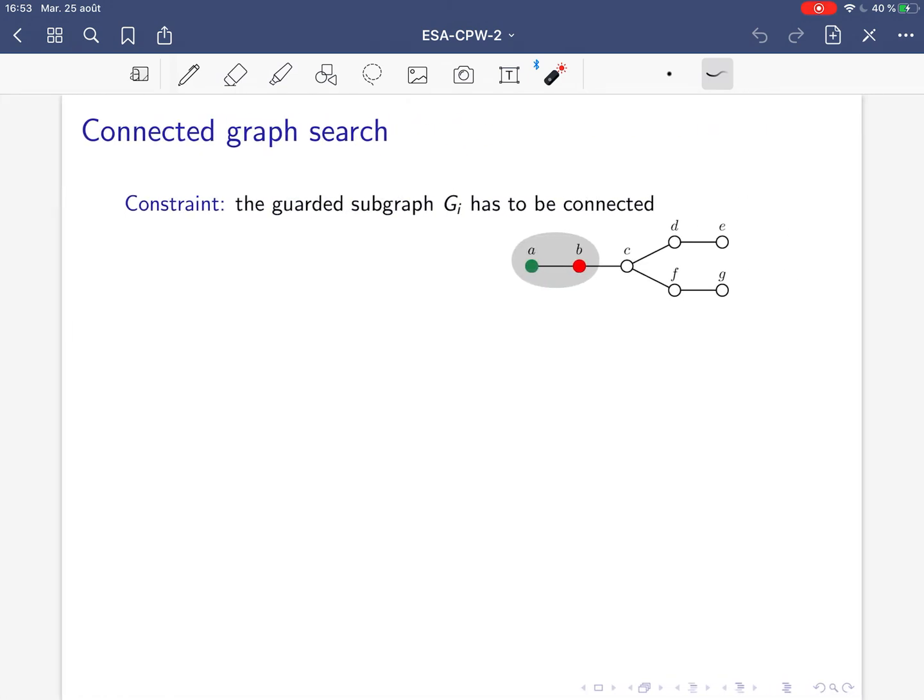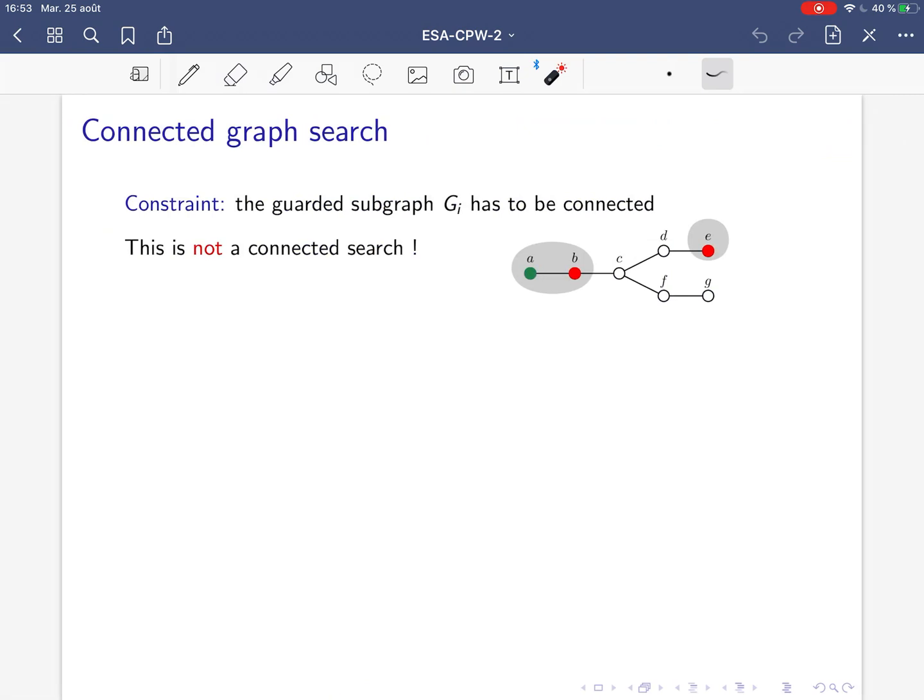Now we are interested in connected path width, and so we will be interested in connected search strategy. Here the connectivity constraint is to guarantee that the guarded subgraph has to remain connected.